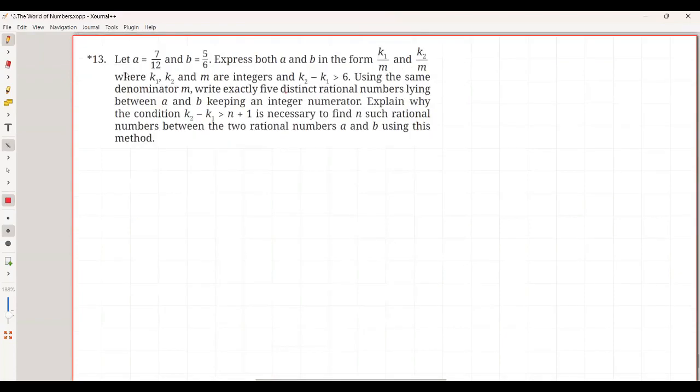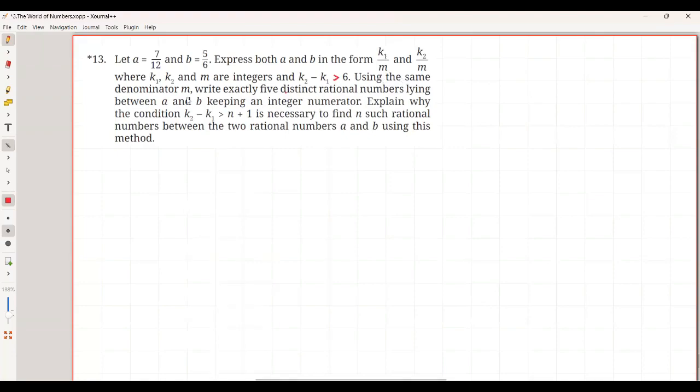Question number 13. Let A be equal to 7 by 12 and B be equal to 5 by 6. Express both A and B in the form of K1 by M, K2 by M. That means you have to make the denominator the same, where K1, K2 and M are integers and K2 minus K1 should be greater than 6.